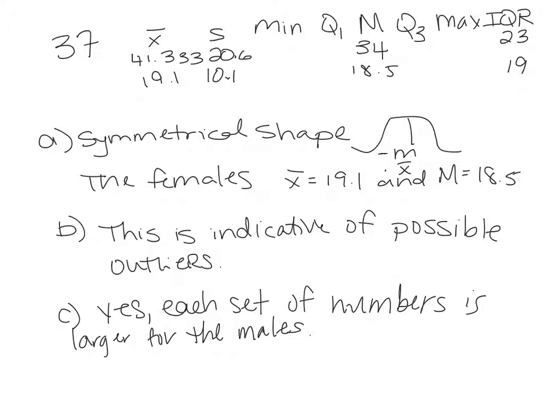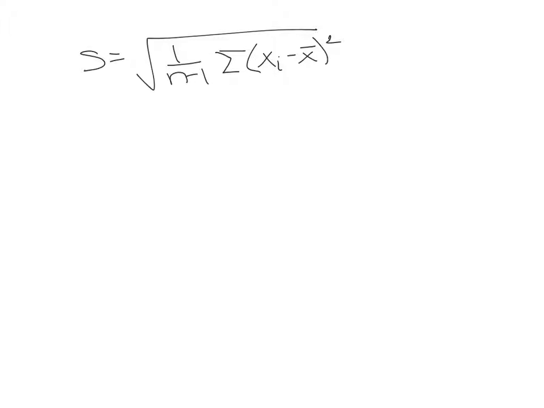All right, so the question's asking which of the distributions has a larger standard deviation. So again, we want to think about what the standard deviation formula is. So S is equal to the square root of 1 over n minus 1 times the sum of x sub i minus the mean quantity squared. So what this is saying is you're taking each piece of data and you're subtracting the mean from it.